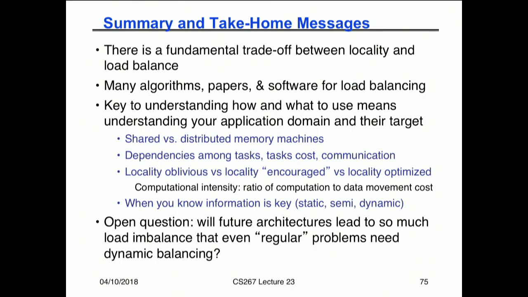There are locality-oblivious algorithms versus locality-encouraged algorithms versus locality-optimized algorithms. There are different ways of putting emphasis on locality or not. And as I said before, exactly when you know the information, and therefore how you're going to use it, is really important to coming up with a load balancing strategy.